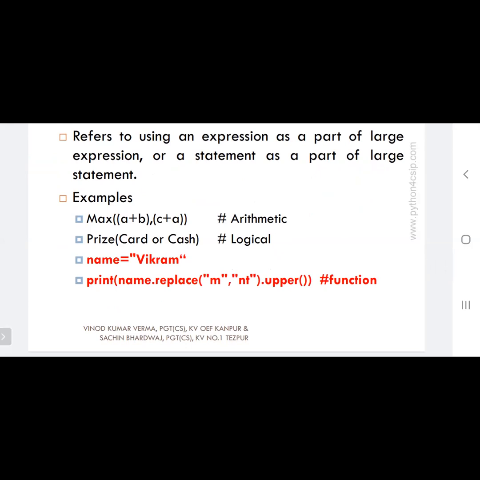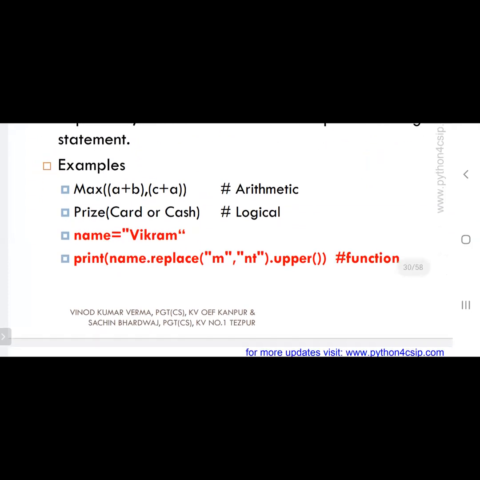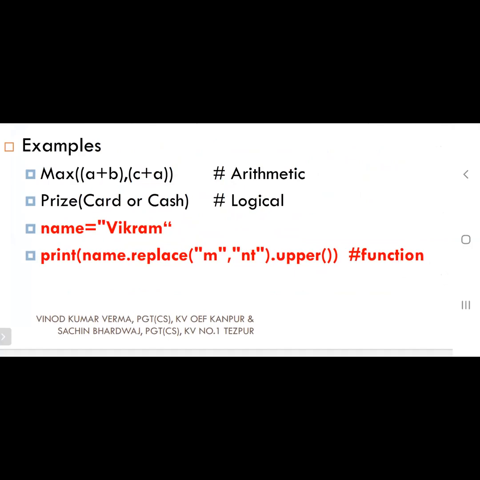You can see the max. They give an example. Max of A plus B comma C plus A, that is multiple arrangement. Or else you can see in the red line, you can understand easily on function: name dot replace. Replace is one of the functions in the string.